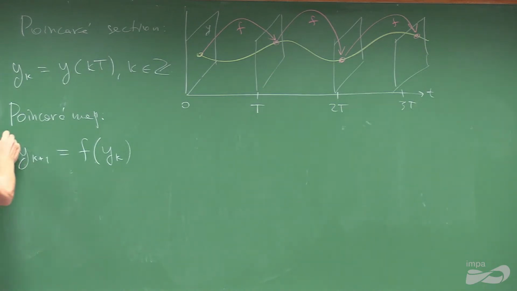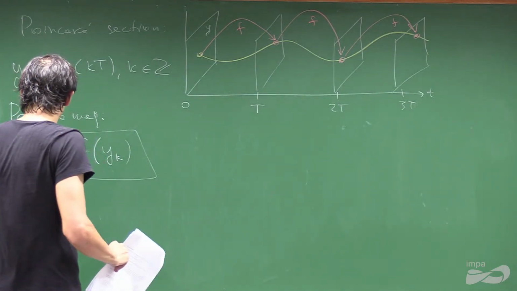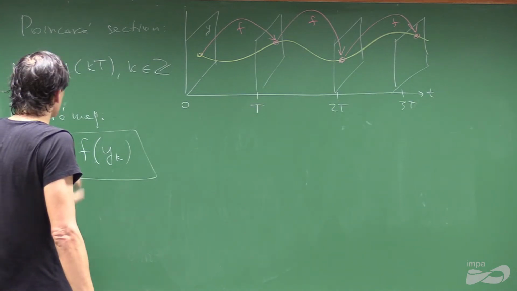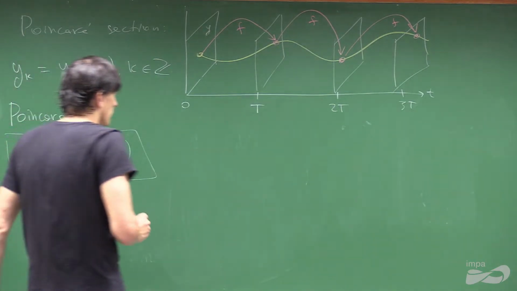Good. So this is a discrete system, which is the reduced form of the continuous time system. So in the same way, we can introduce the equation for small oscillations, so the linearized equation.